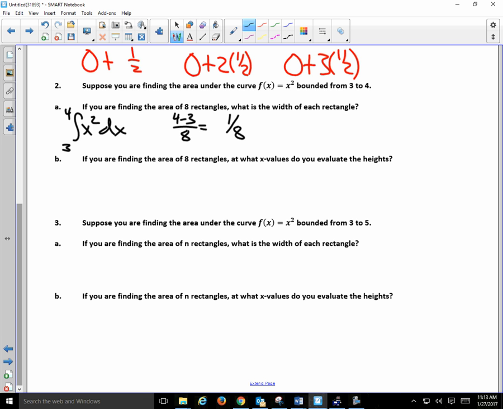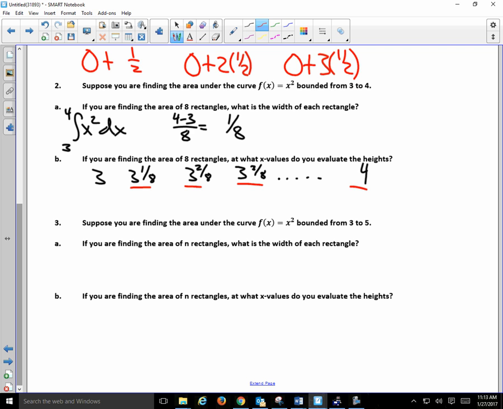Are we okay with that? So where do I evaluate the heights? I'm going to start at 3, and I go to 3 and 1/8, 3 and 2/8, 3 and 3/8, all the way up to 4, right? If I'm doing a right-hand sum, which of those spots do I evaluate the height?